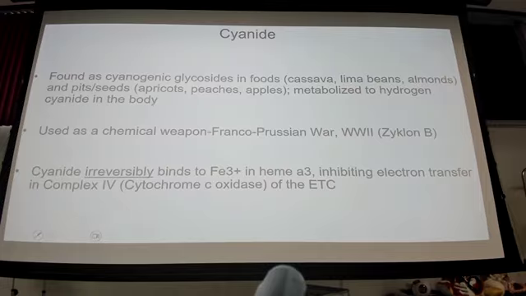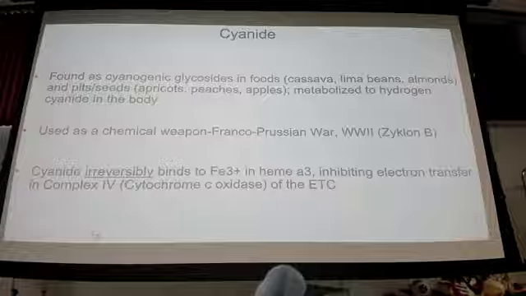All right. Cyanide. So cyanide is found in a number of foods and pits of fruit, and they're found as cyanogenic glycosides, and that is metabolized to cyanide in our bodies. And so this cyanide has also been used as a chemical warfare agent throughout history, even as late as World War II.